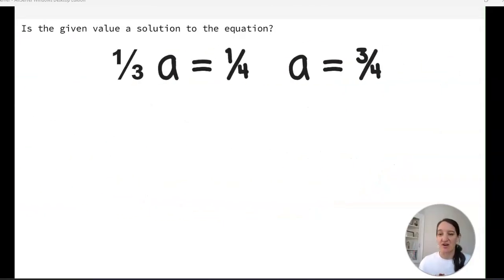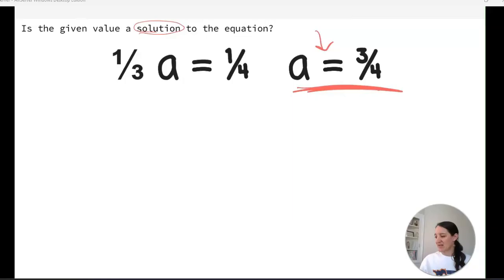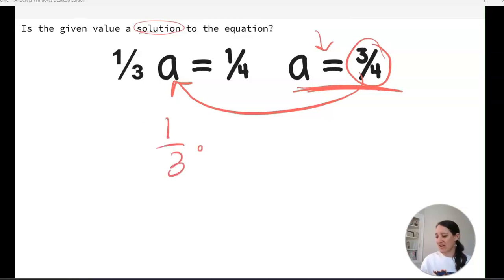All right, try this one on your own. Is the given value, a equals 3/4, a solution to the equation? It's basically saying, hey, is this the answer? So let's plug it in. When you plug it in, 3/4 plugs into the a right here, and we have 1/3 times, right? Variables and coefficients are multiplied together, times 3/4, and we're going to see if that equals 1/4.